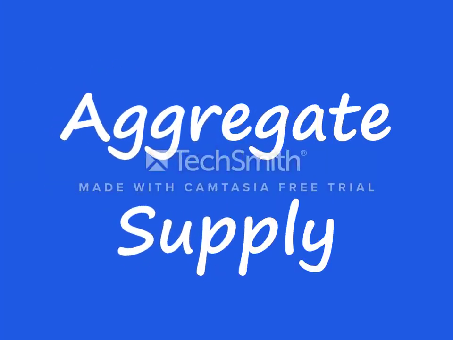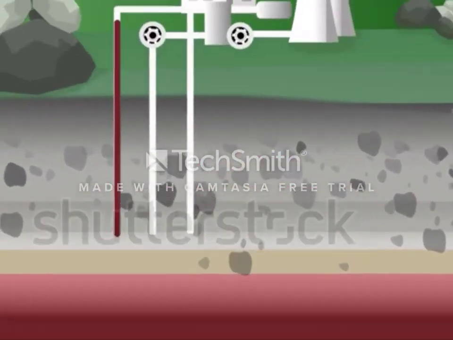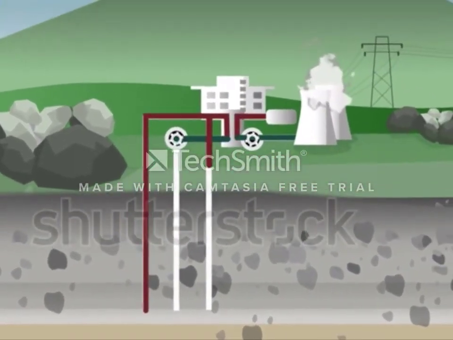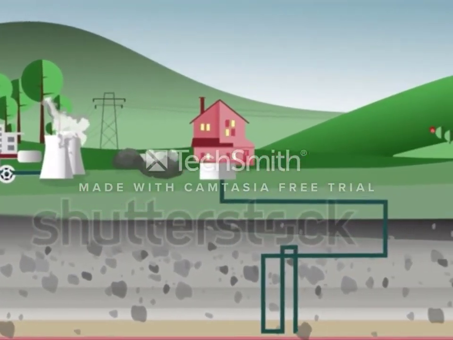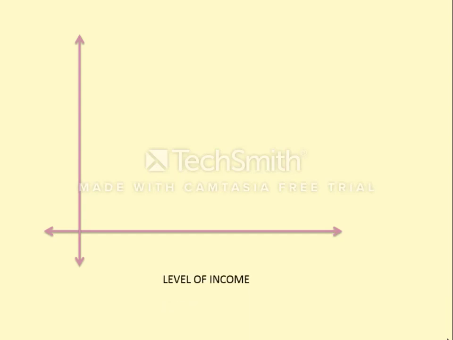Now let us understand the concept of aggregate supply. According to Keynesian economics, aggregate supply in the economy depends on the resources available and it is given. Let us learn it diagrammatically. We have level of income measured on the x-axis.